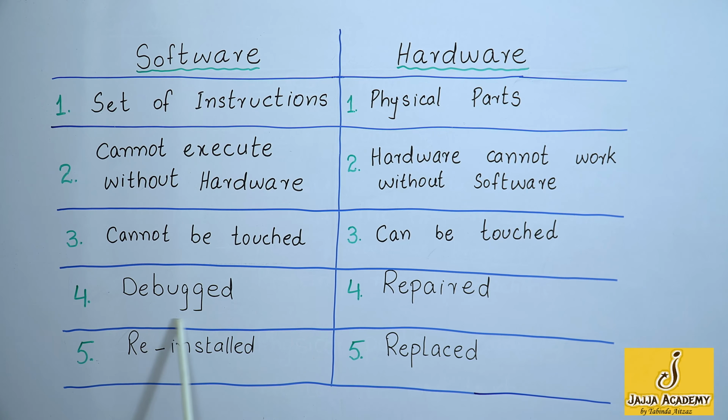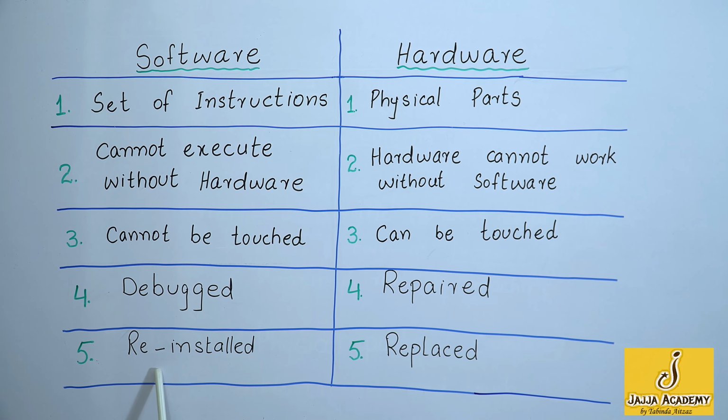If a problem occurs in software, the software is debugged. Errors are detected and removed in the process of debugging. But when a problem occurs in hardware, the hardware is repaired. It is not debugged, it is repaired.